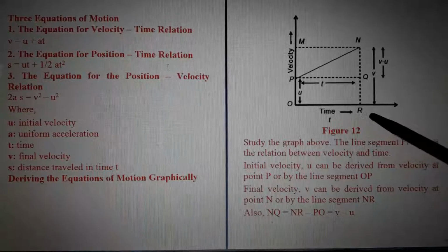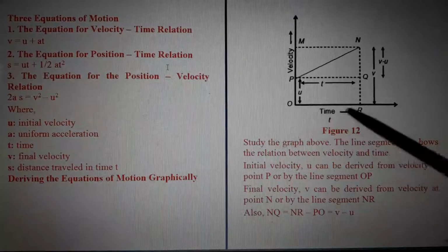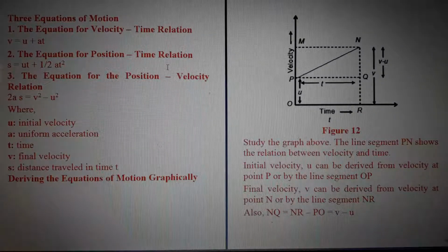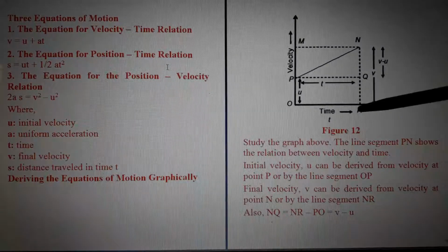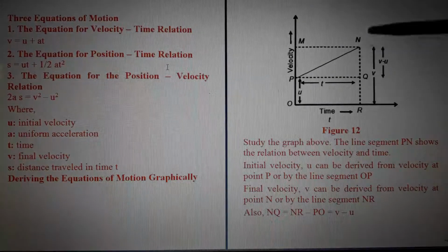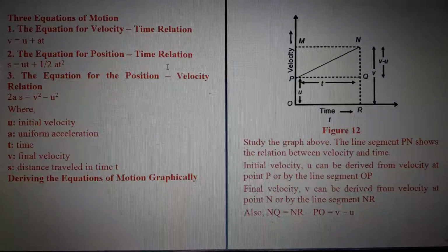What is the time taken from O to R? We can mention it as OR, isn't it? So in that case, what did we get? We got the final velocity as NR or RN. That is the final velocity we get after traveling from this position to this position.